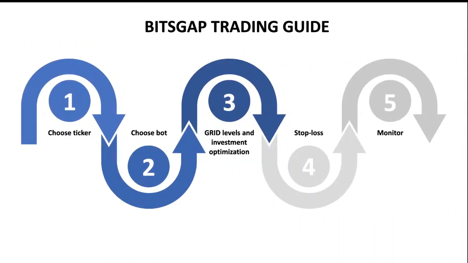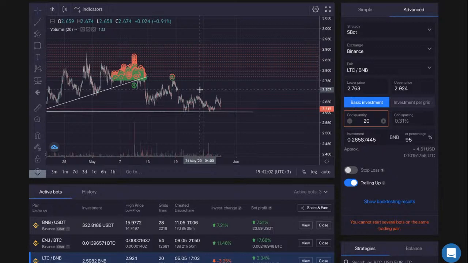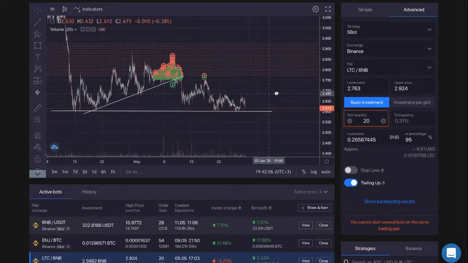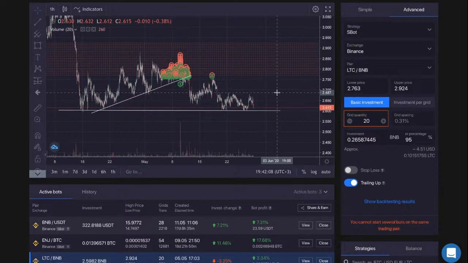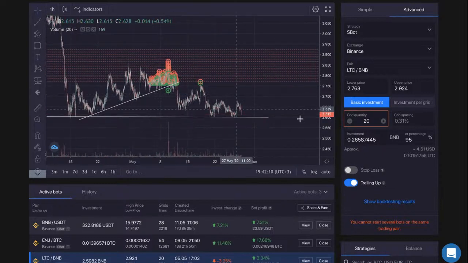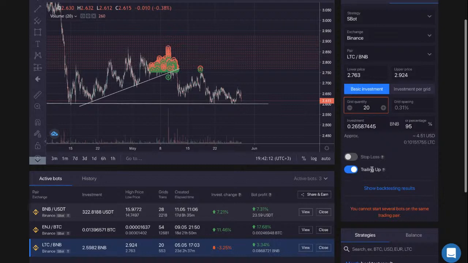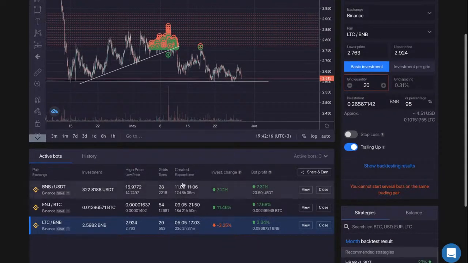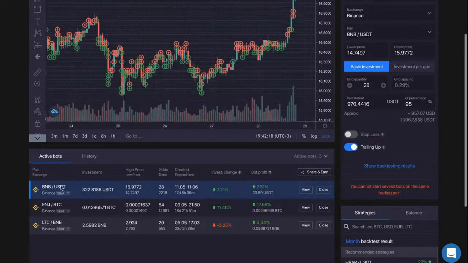So in order to maximize return on the sideways and on the upside momentum, you should apply the trading up function. So what is the trading up function all about? As you can see here on BNB, I have displayed the T letter, which stands for trading up.